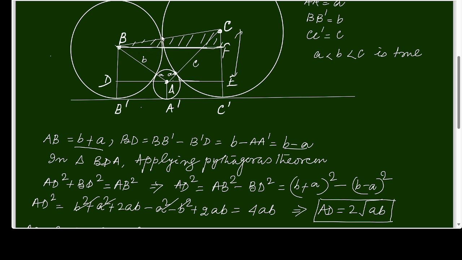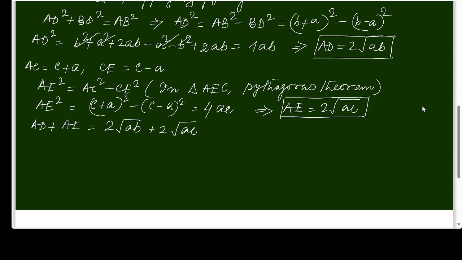Here, if I take this point as P, that is B', and C'F is equal to c, then B'C' equals b plus c, and C'F equals c minus b. So in triangle B'C'F, BF square is the same as B'C' square minus C'F square.